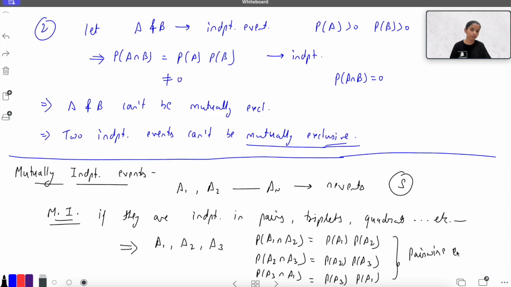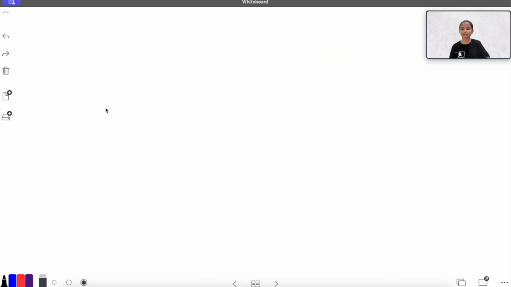Okay, pairwise independent events. But for mutually independent events, in addition to these three conditions, you need to check one more condition, that is probability of A1 intersection A2 intersection A3 has to be equal to probability of A1, probability of A2, probability of A3.